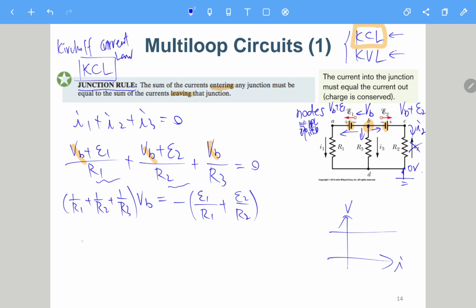So the solution will be nothing but VB equals (negative E1 over R1 plus E2 over R2) over (1/R1 + 1/R2 + 1/R3).